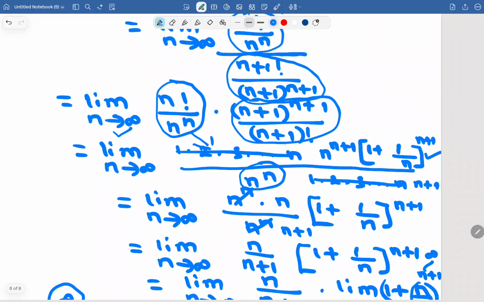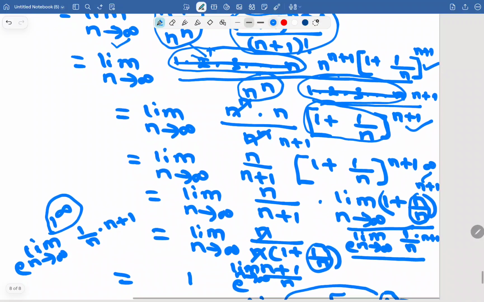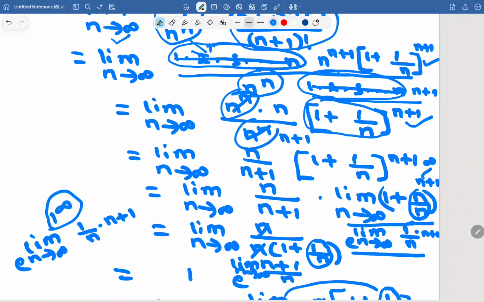Along with n plus 1, n power n, we have n plus 1 factorial, written like this: 1, 2, 3, up to n plus 1. This term will be cancelled. Remaining n power n plus 1, I am writing n power n into n divided by n power n, with the term n plus 1 by 1 plus 1 by n power n plus 1. Again these two will get cancelled.